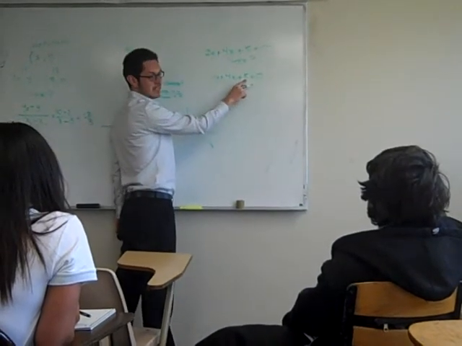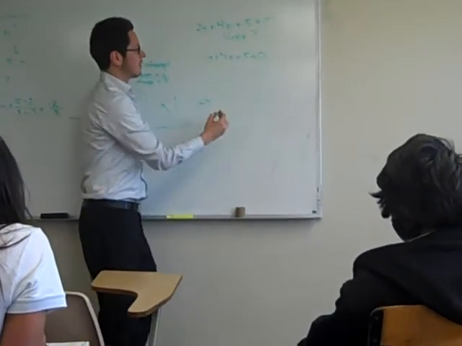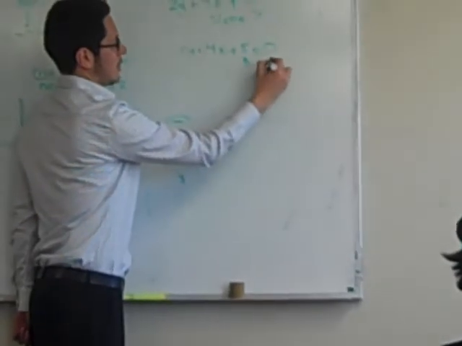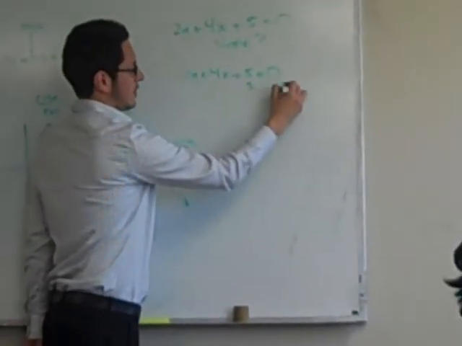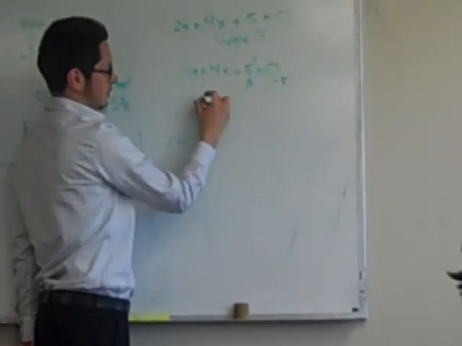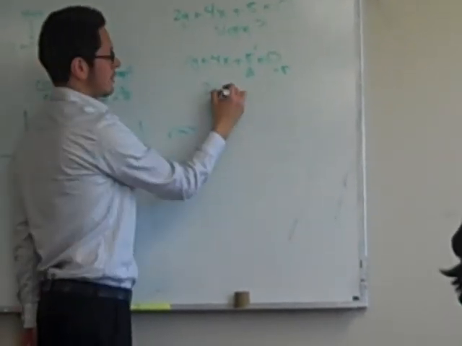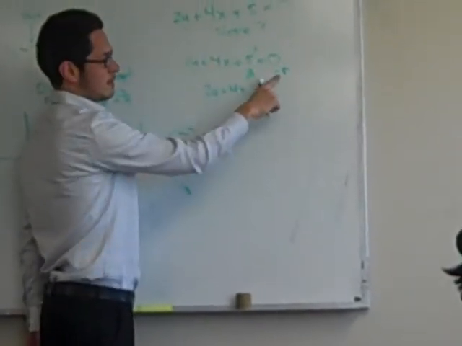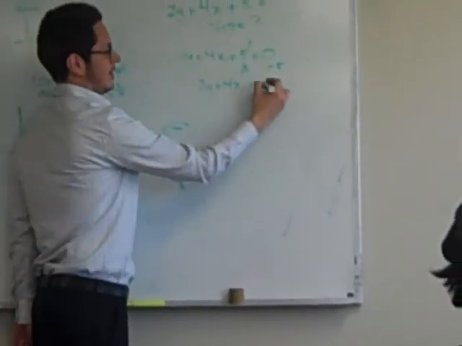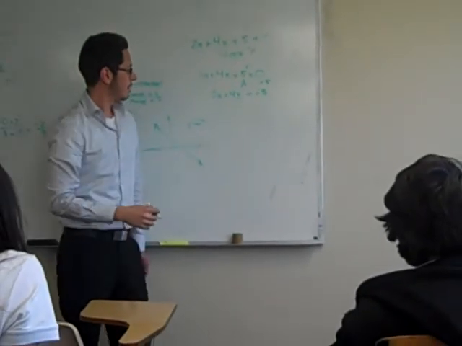So what's opposite of plus 5? Minus 5, right? And what you do to one side, you have to do to the other. So it'll be 2y plus 4x equals 0, remember, I subtracted 5, so negative 5. Exactly, so it's negative 5.